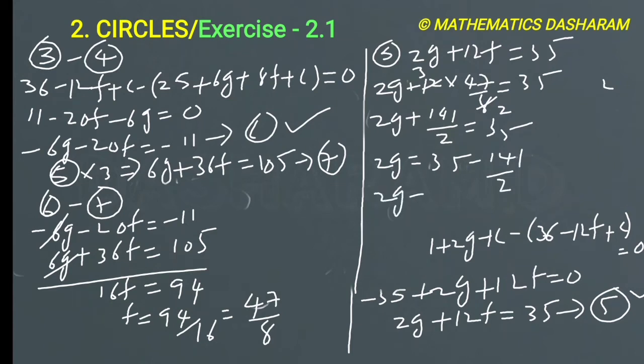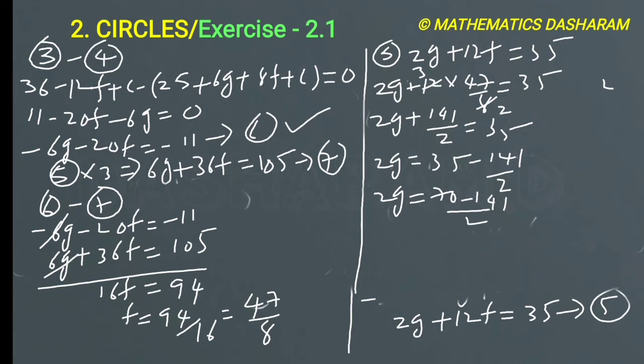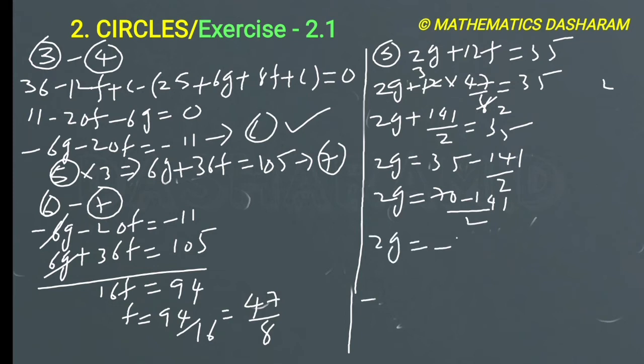So 2g equals 70 minus 141 divided by 2. 70 minus 141 is minus 71, so 2g equals minus 71 divided by 2. Then g equals minus 71, here 2 transposes to the RHS side, so it is equal to 4.